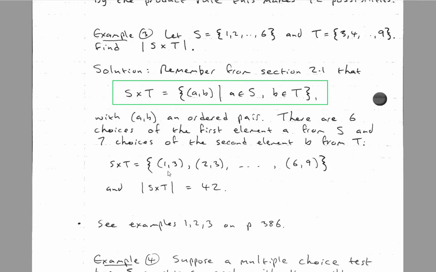If you choose 1 from S and 3 from T, you get this ordered pair. Or 2 from S and 3 from T, you get this one. You see all the options. There are going to be 42 possibilities again. The last option would be 6, 9.